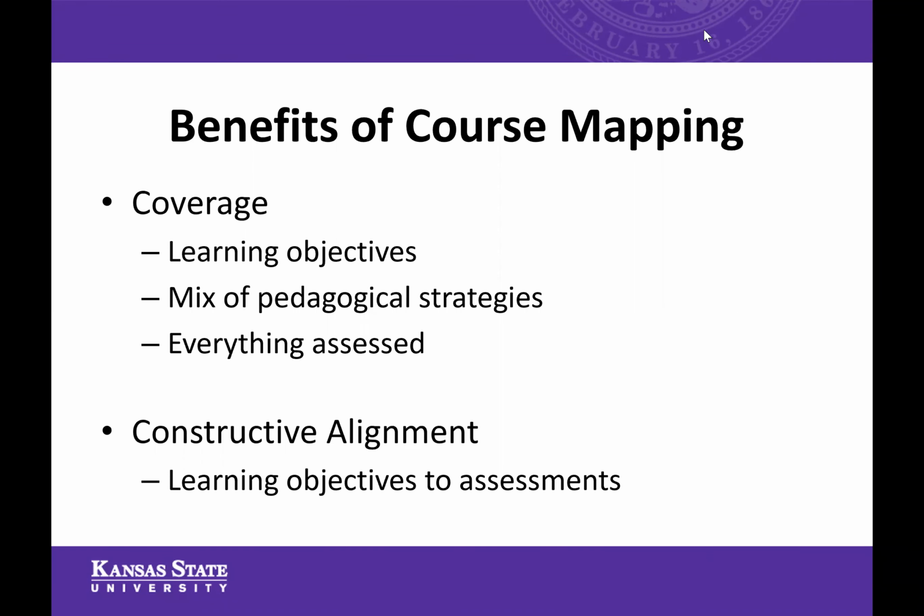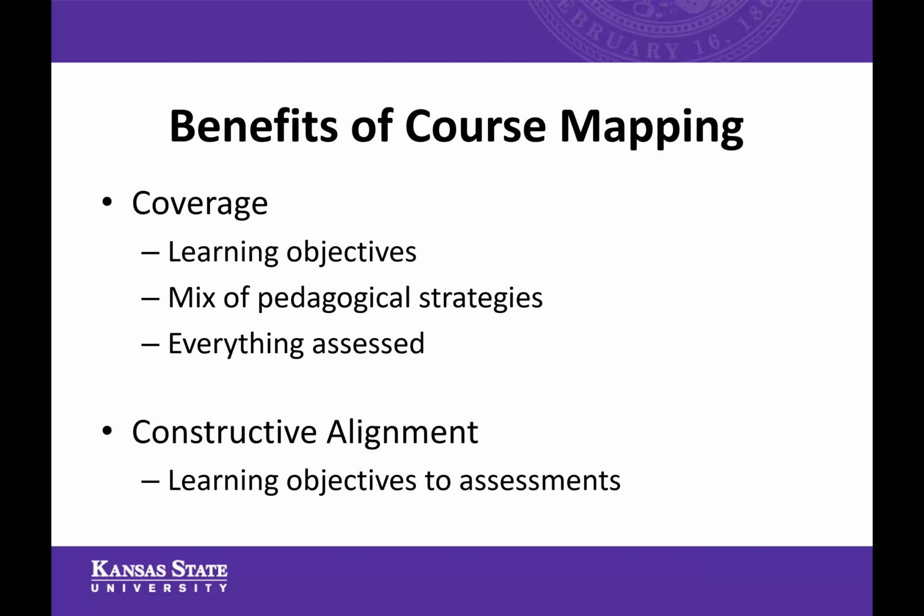You can also use a course map to see if everything is being assessed at a certain point over the course of the term. So it's a little bit like a check and balance for your course, that you can make sure that the coverage is happening in a way that makes sense to you, and that things are getting plugged in a particular way.